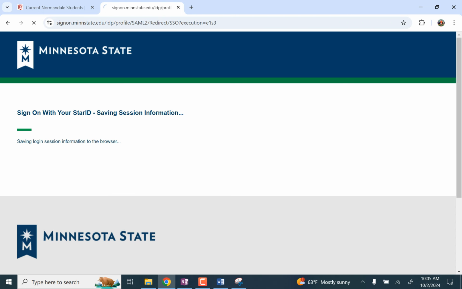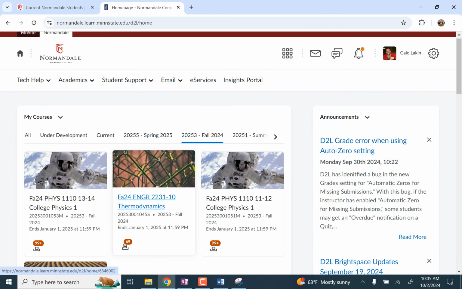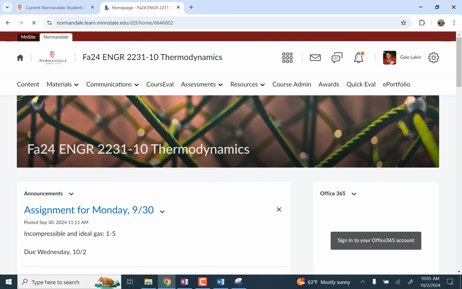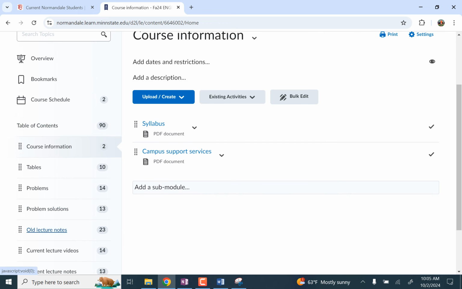Click, click, click, click, click. And in only 8 clicks, you're into D2L. Okay, so here's where to find the specific heat of incompressible materials, and water is one of them.